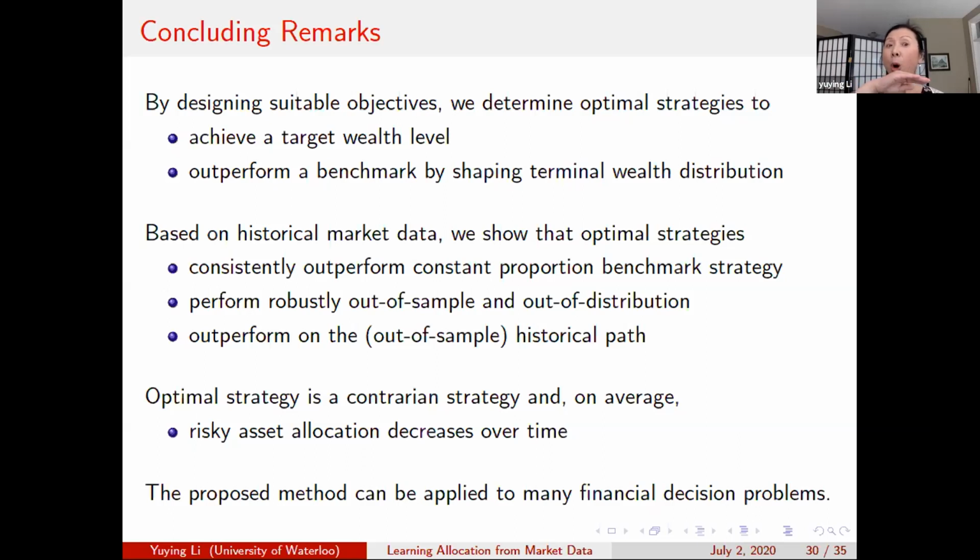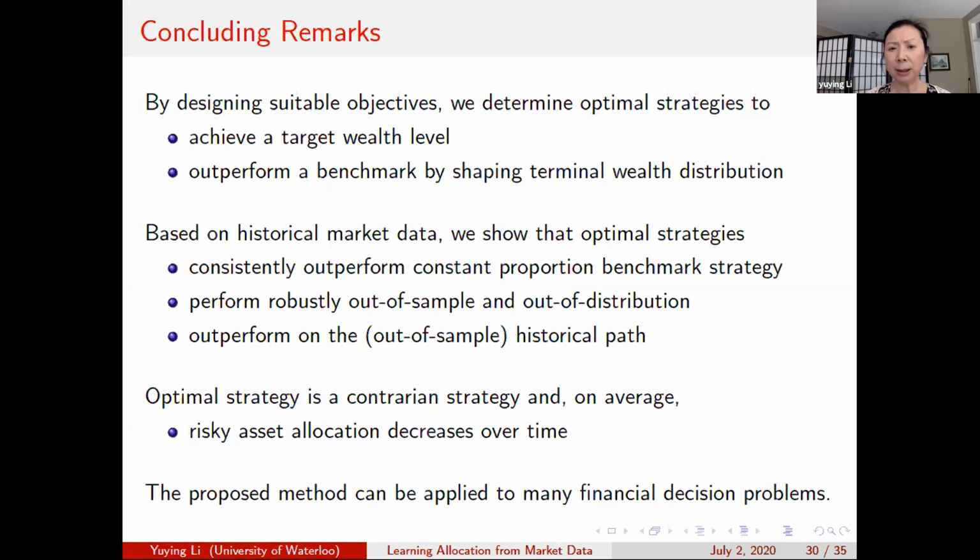One is to try to reach a wealth target at retirement with a minimum probability of shortfall. And then secondly, if I'm going to persuade industry that this is a good strategy, we can try to actually optimally beat the benchmark by formulating an appropriate objective function and formulating a learning problem.